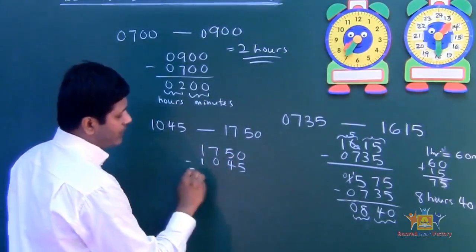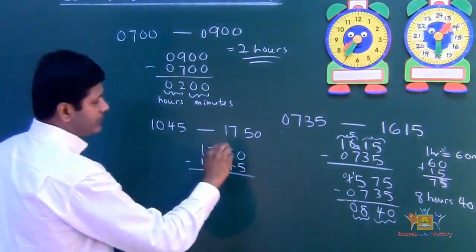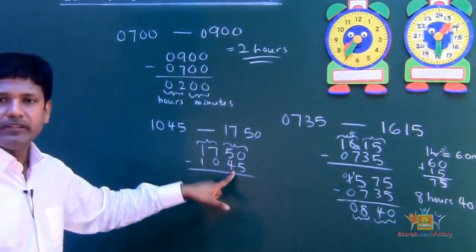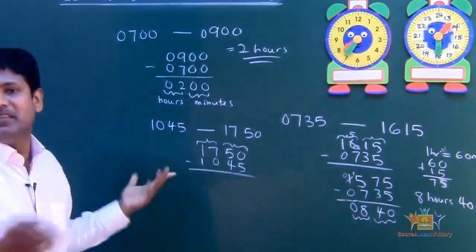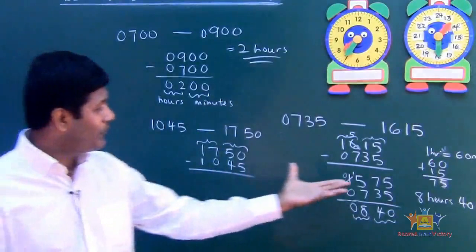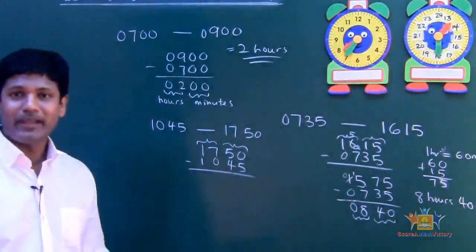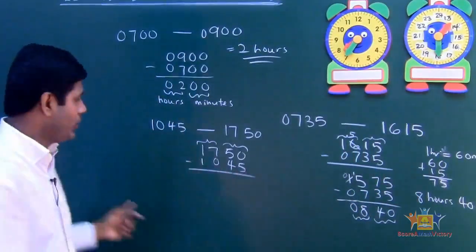The reason I give you this one is that the 50 and 45, you can subtract. You don't have to worry about borrowing or converting 1 hour to 60 minutes. I gave it such a way that you can subtract.